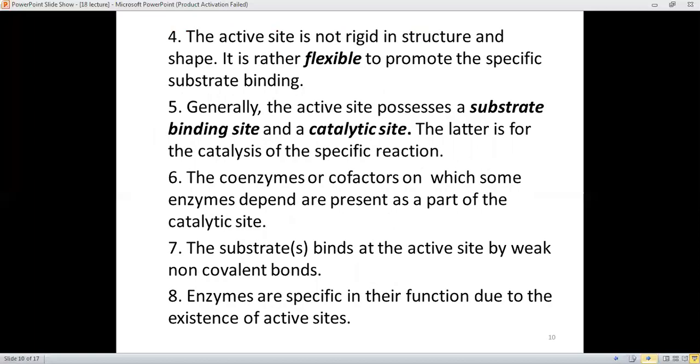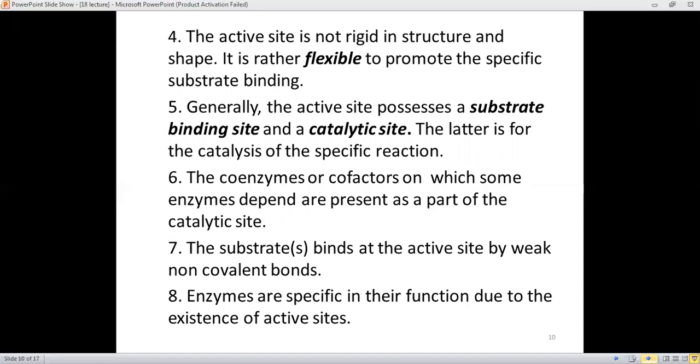And the active site is not rigid in structure and shape. It means that yes, it is flexible, and for promoting the interaction or the binding between the substrate and enzyme, the active site conformation can change a little bit while sensing the environment.